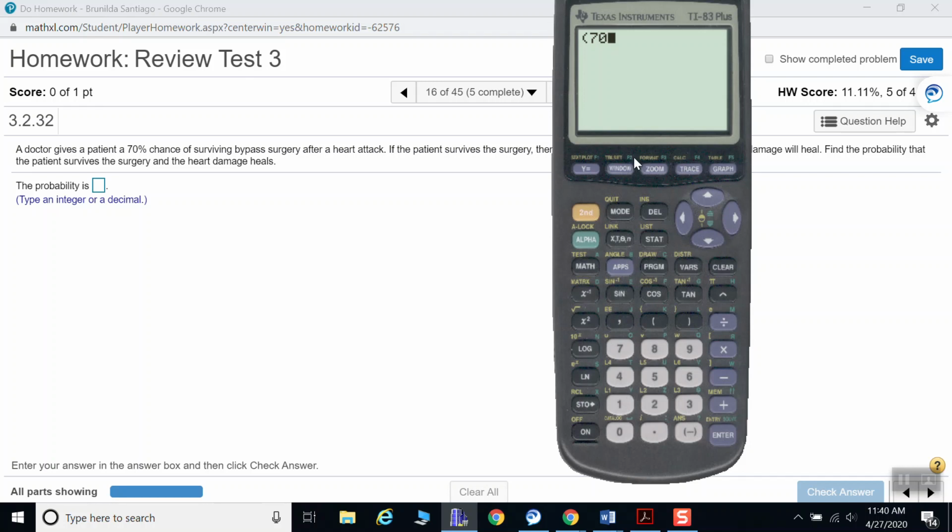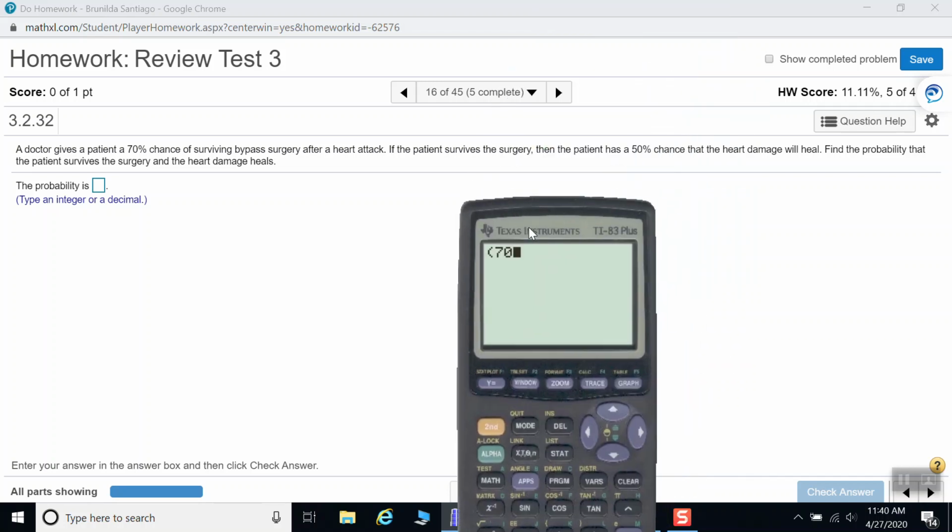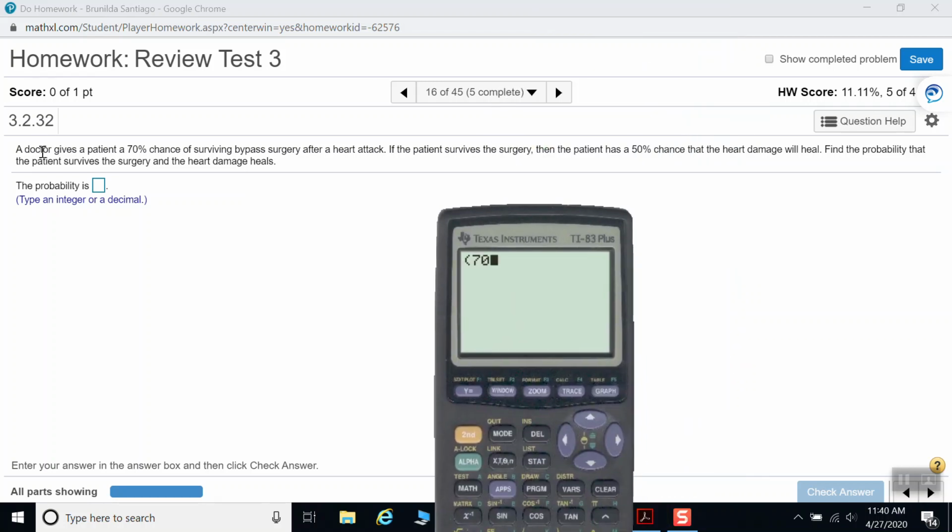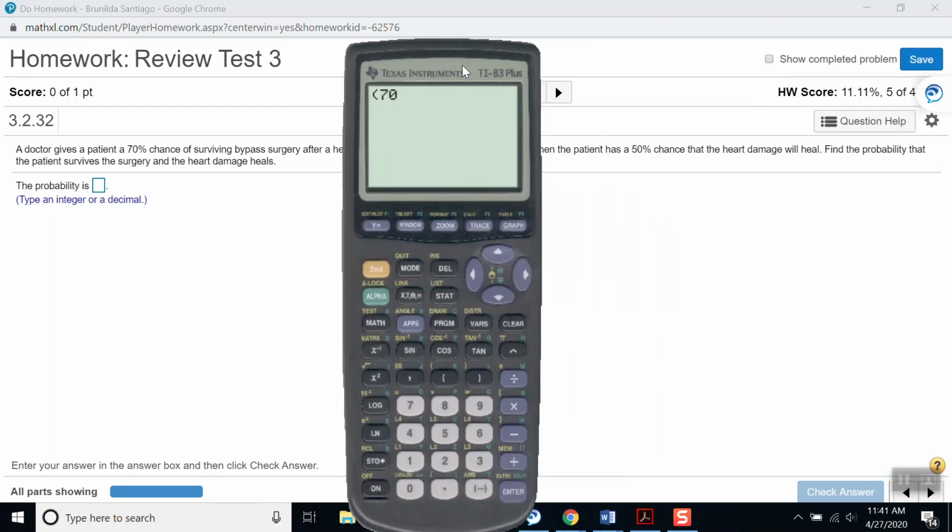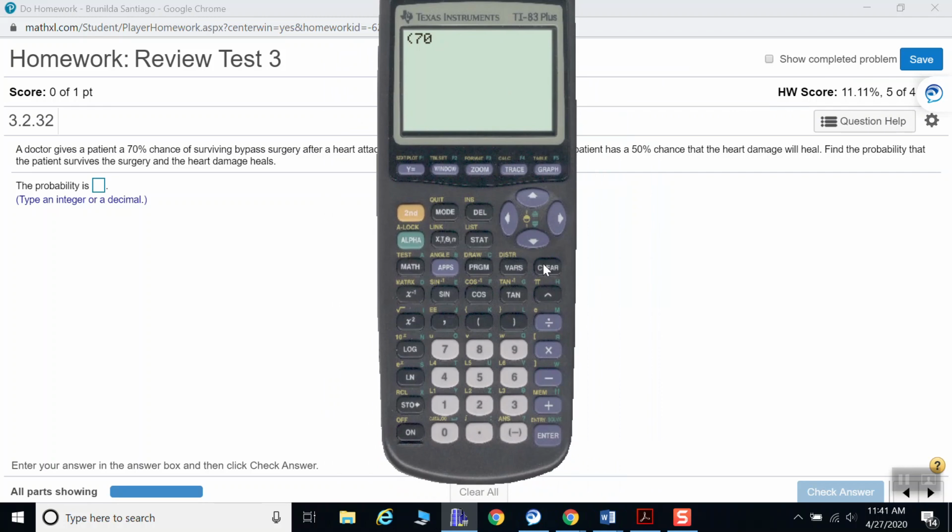So the probability of surviving bypass surgery is a 70% chance, and it's asking for having the bypass surgery and the heart damage healed. So the heart damage healed is 50%. So it's going to be 70% times 50%, but because they want the probability as a decimal, let me do it as a decimal.